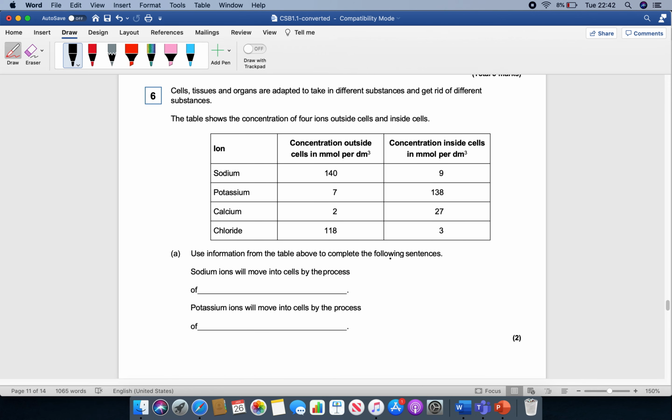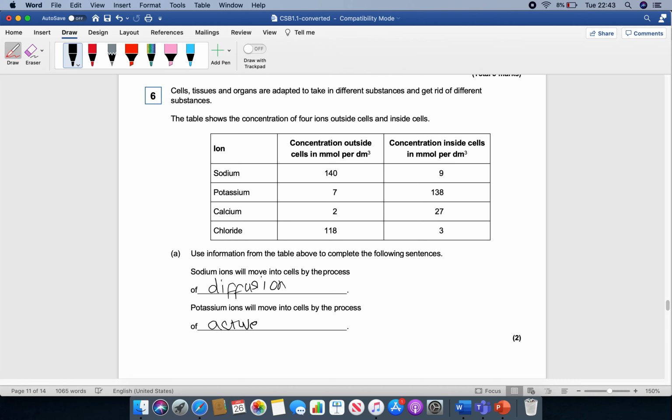Next question. So we're given a table and we have to use the information from the table above to complete the following sentences. So sodium ions will move into cells by the process called diffusion, because remember gases move in by diffusion. Potassium ions will move into cells by a process called active transport.